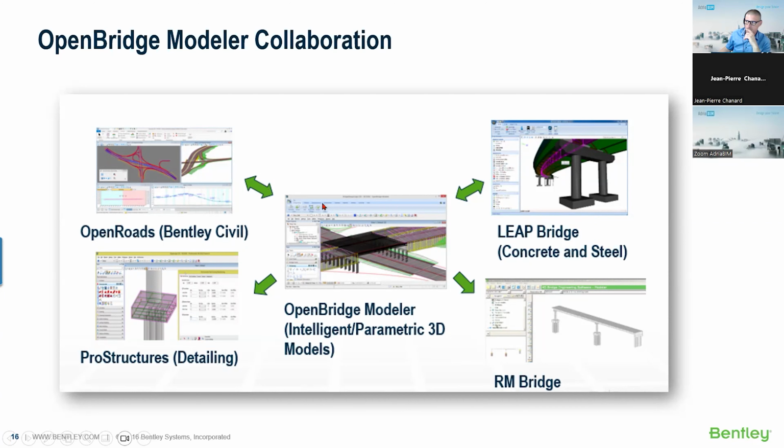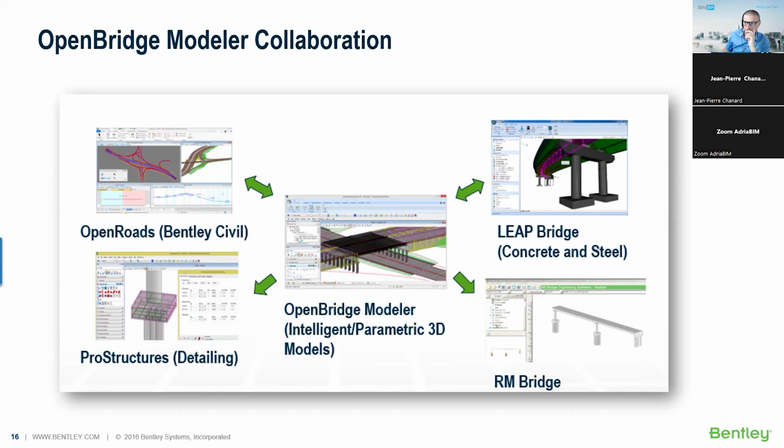Because they share the same base, all this software can read and write the same files. These files carry a footprint of the software that was used to generate them, so you cannot modify a bridge with road software, but simply by putting these files in reference, we can directly use all the data from OpenRoads, for instance, to create a bridge.